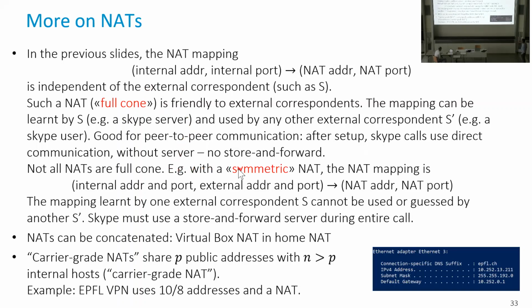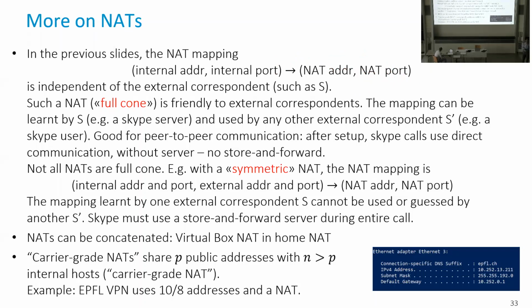A full cone is friendly to external correspondents, because the mapping is always the same. So if the local machine speaks to several machines on the outside on the same port number, the different machines will always see exactly the same combination of address and port number.